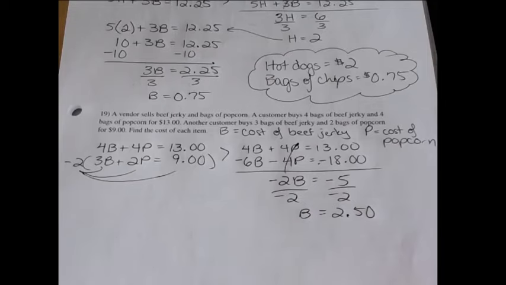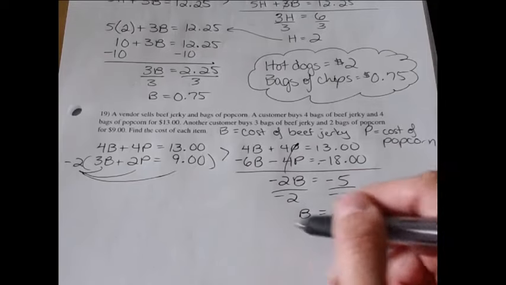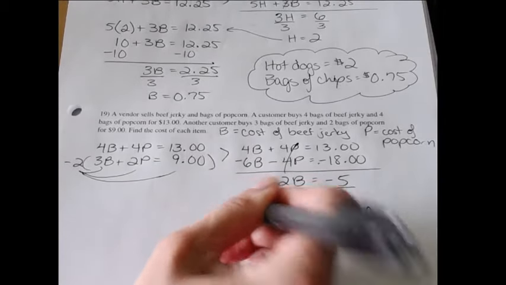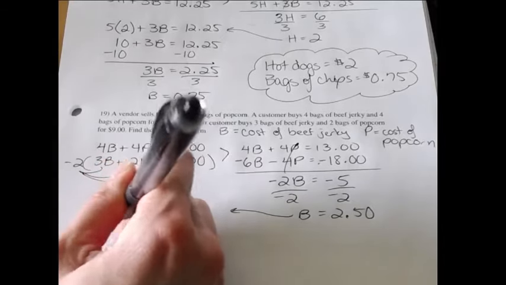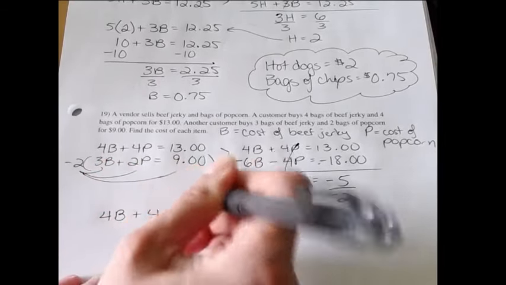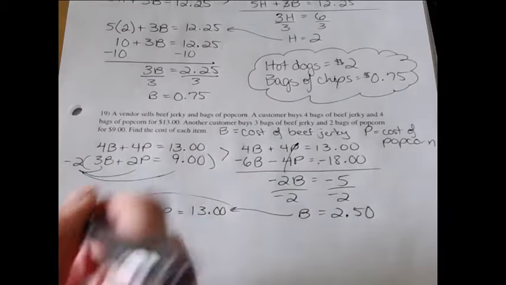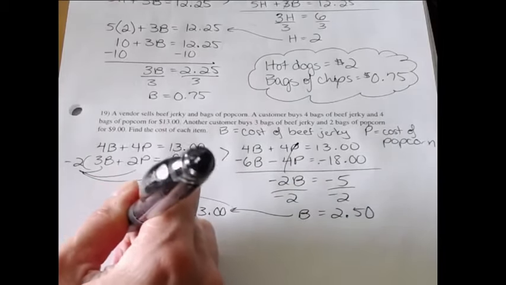Hyder, Brittany, excellent. Okay, once you have the cost of beef jerky, let's plug it into one of the original problems. So I'm going to go ahead and plug it into the first one, just because I feel like using that one. We don't have to use this one, of course. We know that B is 2.50, so it's 4 times 2.50.